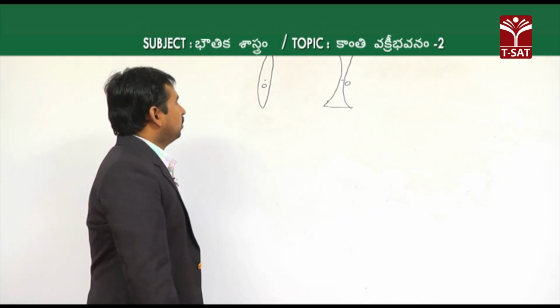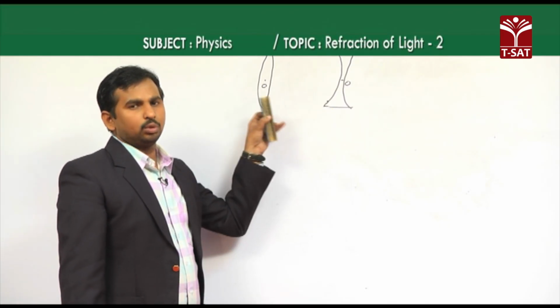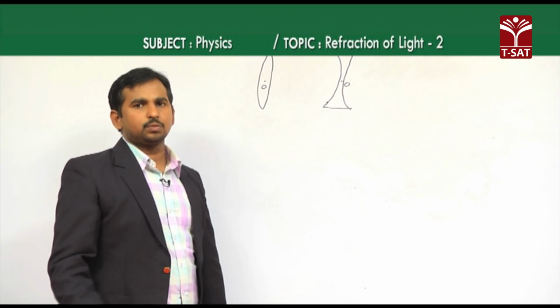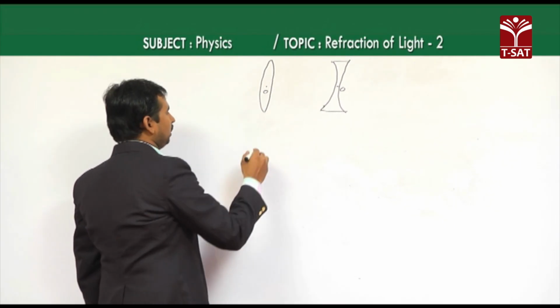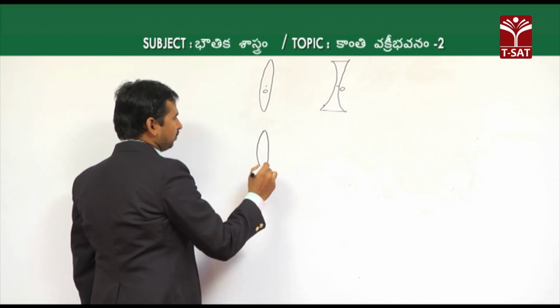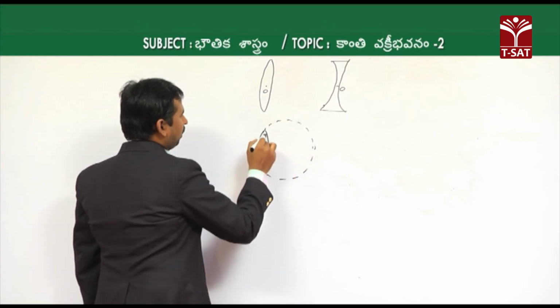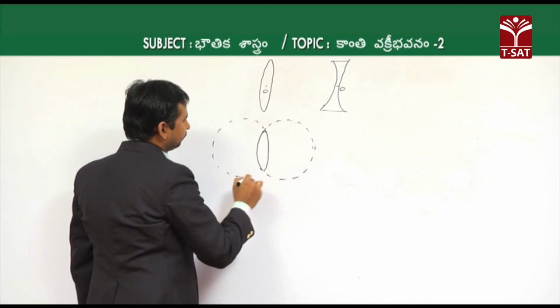Next, both these lenses are parts of a glass sphere. For example, the double convex lens is taken from a sphere, and the concave lens is also taken from a sphere.